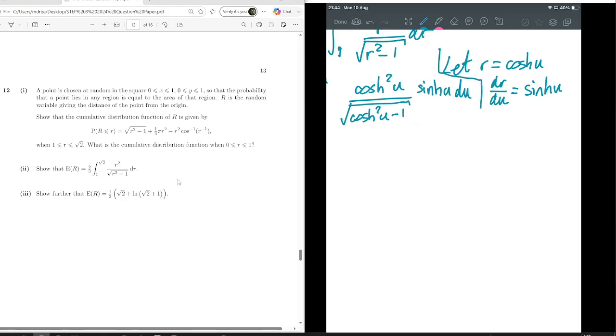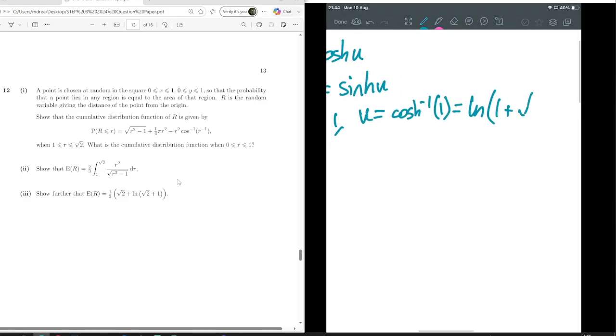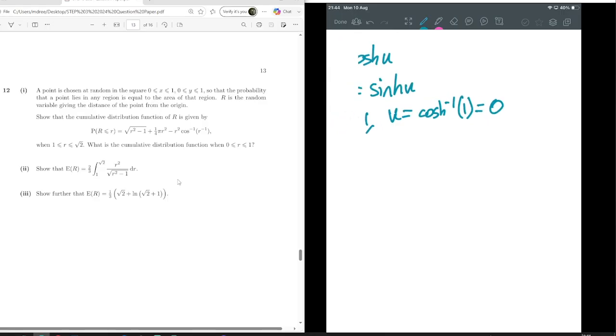Our limits, so when r equals 1, u is cosh inverse of 1, which is ln of 1 plus the square root of... cosh inverse of 1 is just 0. So I was trying to go too deep into that. If you think about the cosh curve, it's just 0.